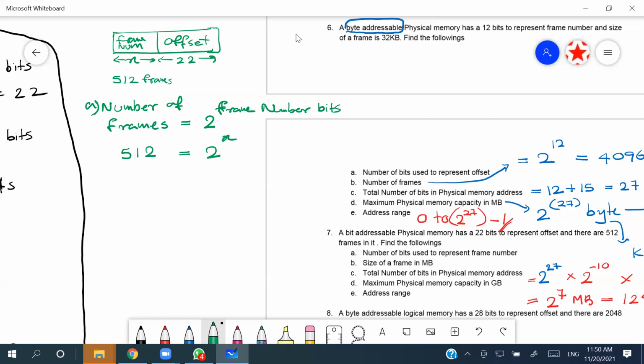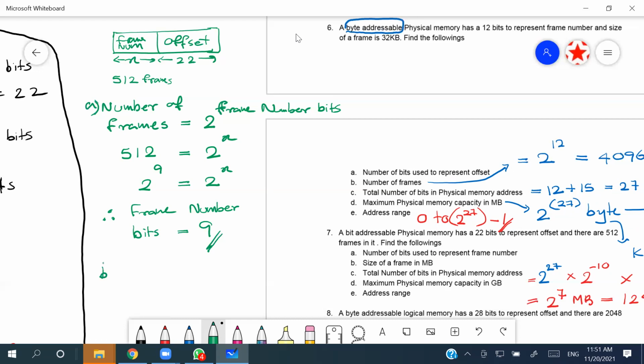So, sorry, not number of frames, it's frame number bits, equals 9.